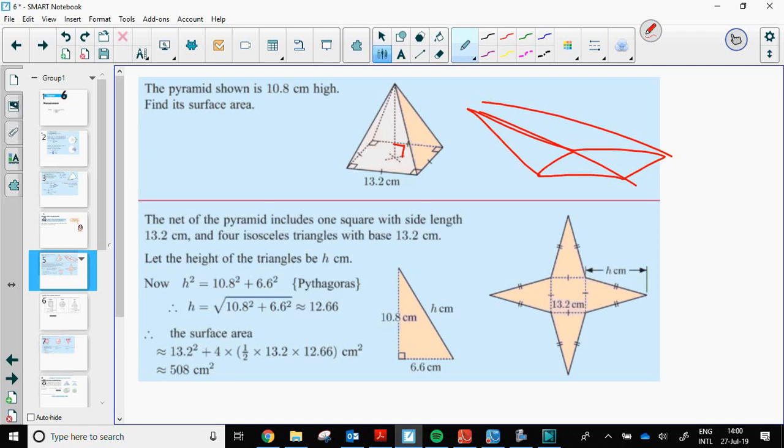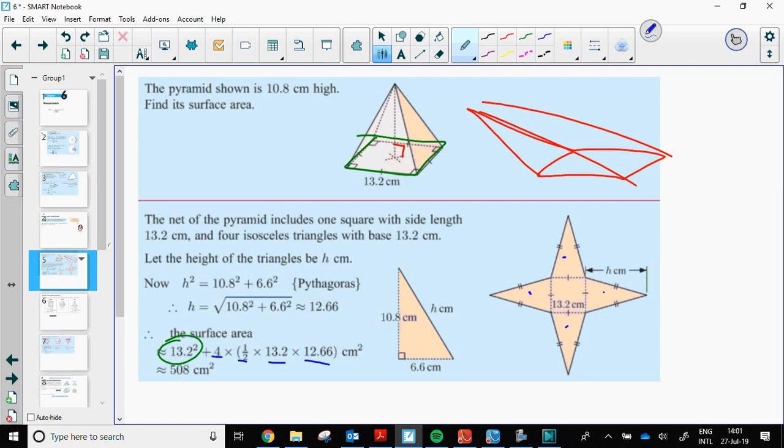Now, to find its surface area, that's pretty easy. We're just going to take the area of the base, which is 13.2 squared, and then we're going to add to that the 4 areas of those congruent triangles. So that's 4 times, well, half the base times the height.